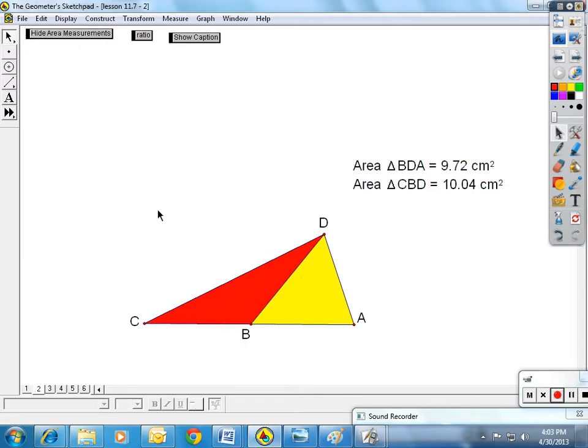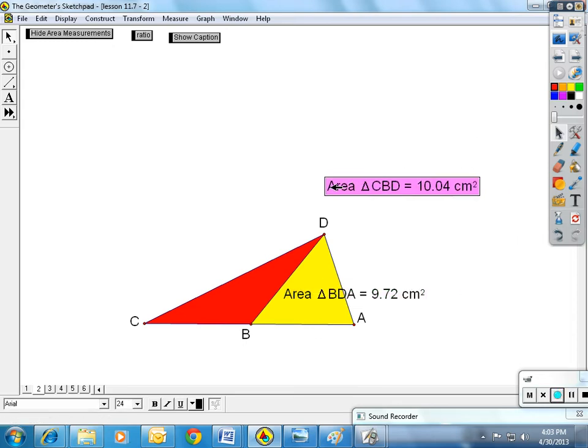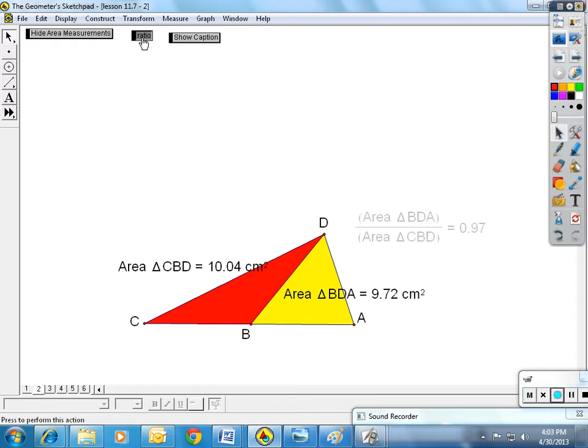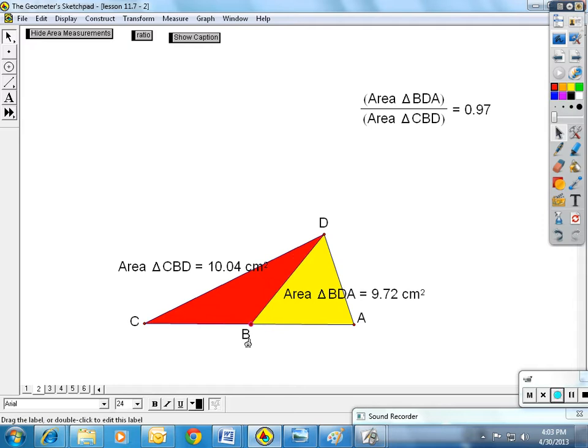If I look at my area of BDA, that's the yellow, and this is the area of the red, I can find its ratio, and its ratio is given there, 0.96. Okay, so it's 0.96. Now what does that mean? That means if I make it exactly 1, what does that mean about the yellow area, which is on top, and the red area? It means that they're the same, right? The same value on top as on bottom, so those areas are the same.